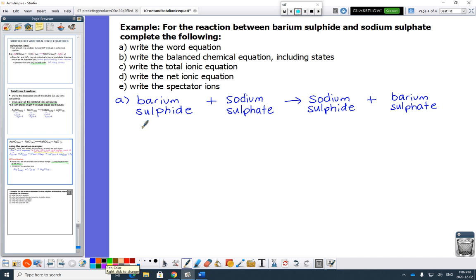So barium is a transition metal. I mean, not a transition metal, sorry. An alkaline earth metal, so it's 2 plus. Sulfur's in the same column as oxygen, so it's 2 minus. Sodium is an alkali metal, and then sulfate. So again, you might say, Ms. Todd, you have sulfate in every single example.